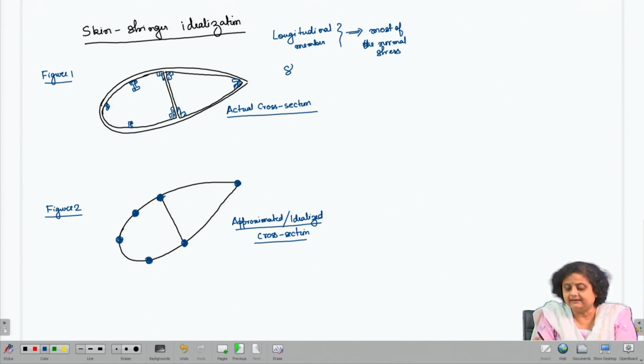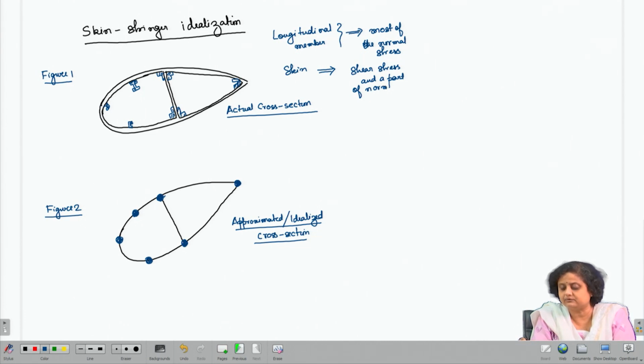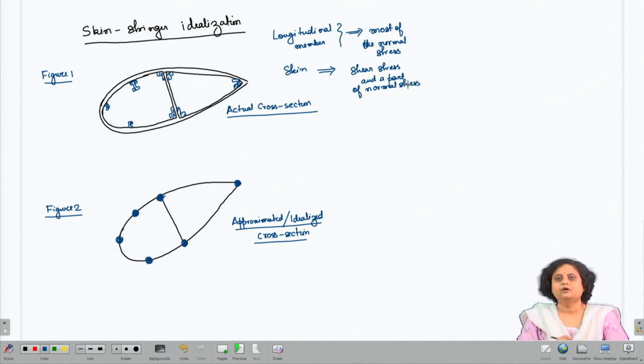And the skin takes mostly shear stress in the form of shear flow and a small part of the normal stress. So, this we have discussed in the first lecture of the first week of the course.